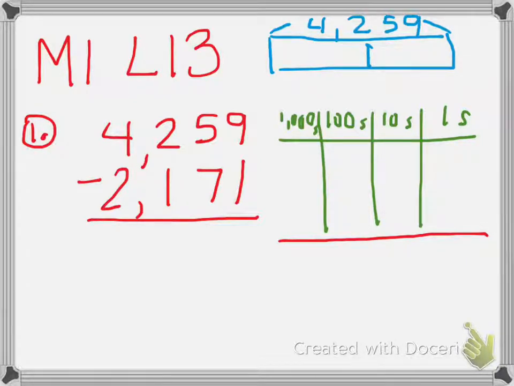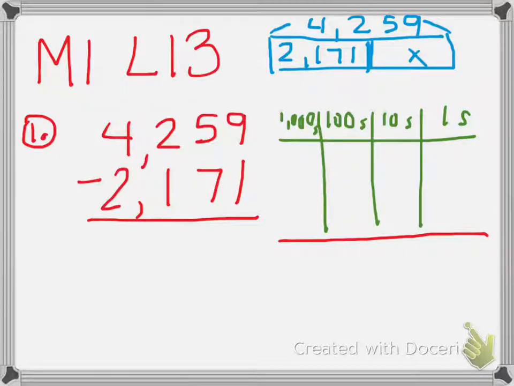That is how many we have in total. We know one part. Our one part is 2,171. This is the missing part, X. We don't know what that is, and that is what we're going to try and find.